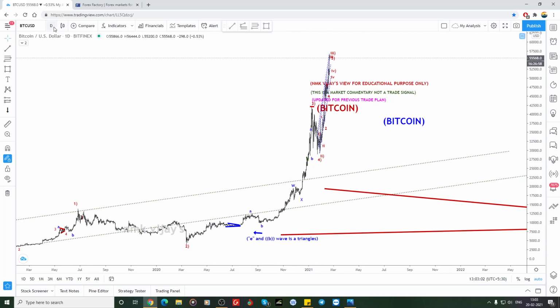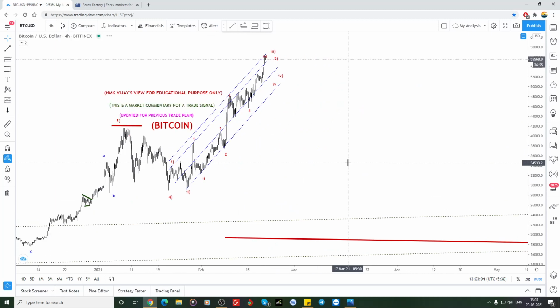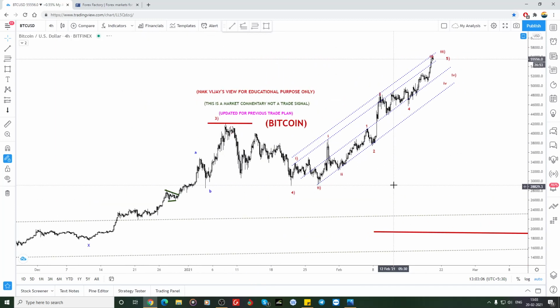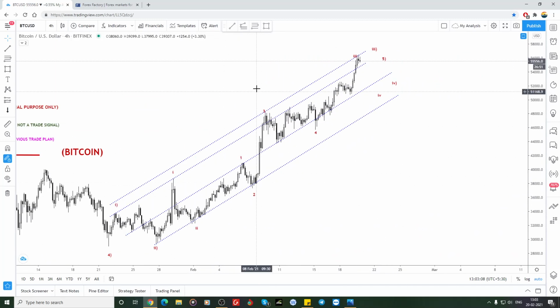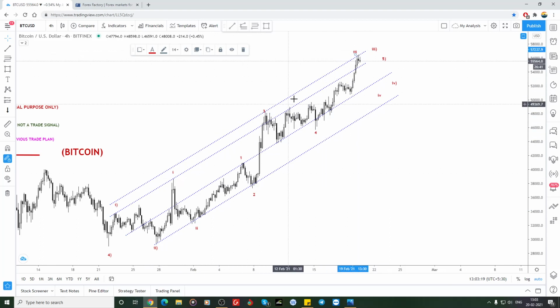So ABC is a fourth, and the fifth wave is a 1, 2, 3, 4, and here the fifth wave got ended. So this could be the third wave exactly, perfectly. It did that same here at 56,000.